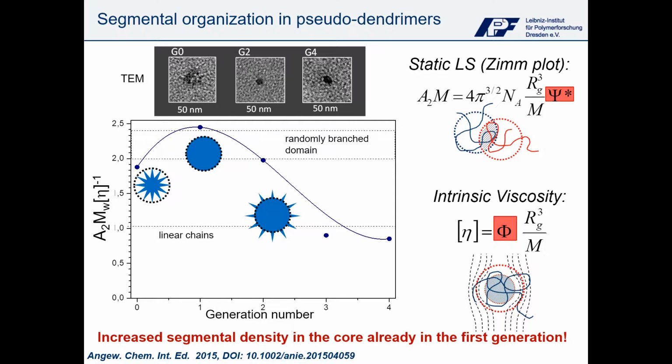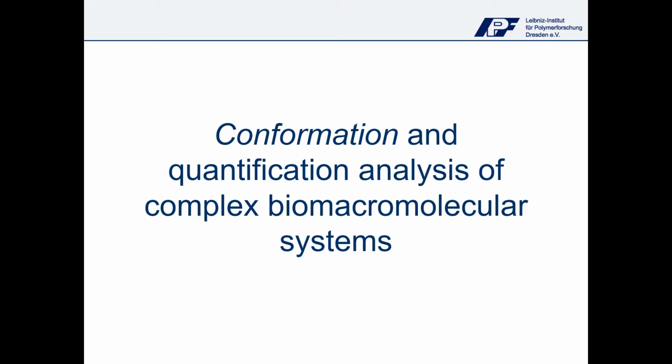So increased segmental density in the core is already done during the formation of the first generation. Now we can go, based on this knowledge, to the conformation and quantification analysis of complex biomolecular systems.